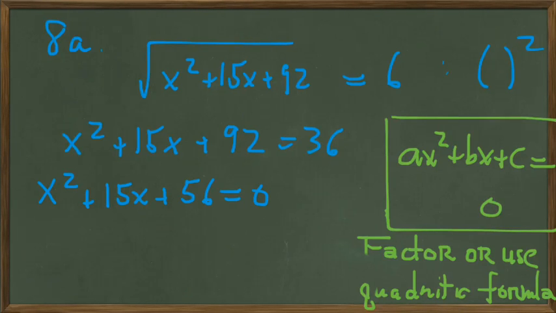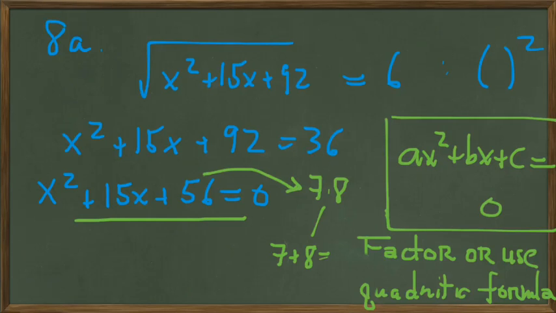So we've written our quadratic into the form ax squared plus bx plus c equals 0, and we're going to first see if we can factor it. So we notice that the 56 can be written as 7 times 8, and that 7 plus 8 equals 15, so that tells us that it does factor.